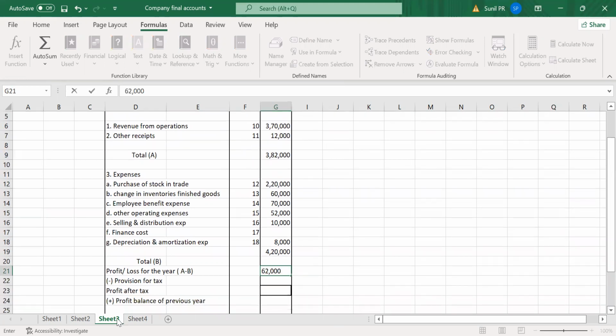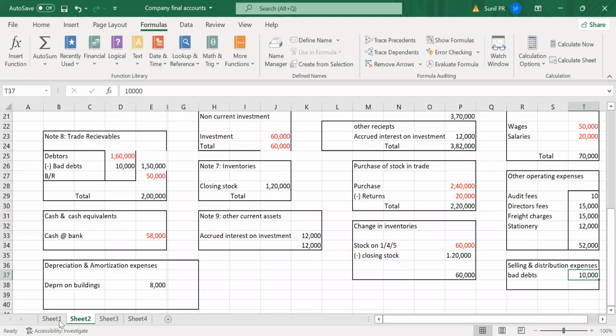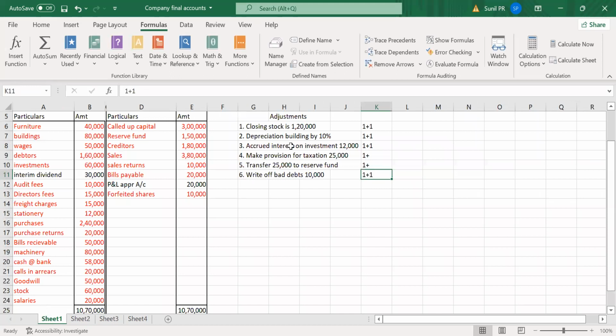Provision for tax. Next will be provision for tax. Provision for tax will be given in the problem, and it will be the adjustment. So already we took it once in the balance sheet, and another one we will take in the P&L account.